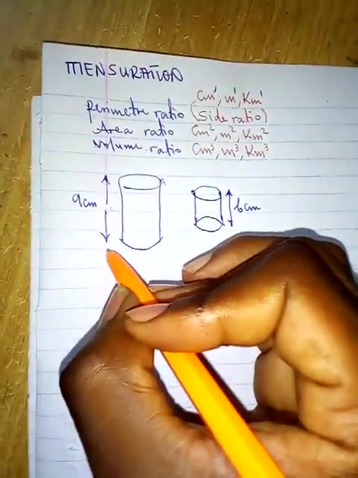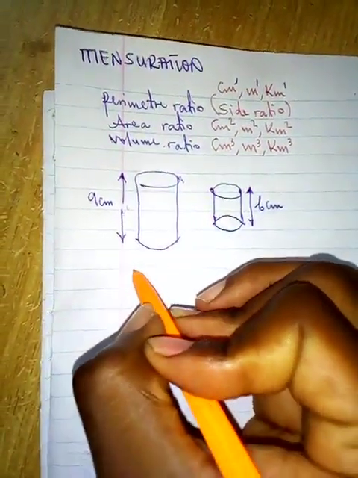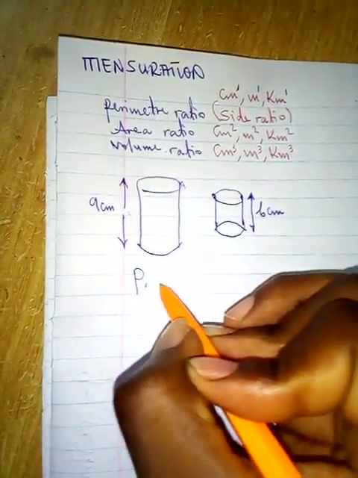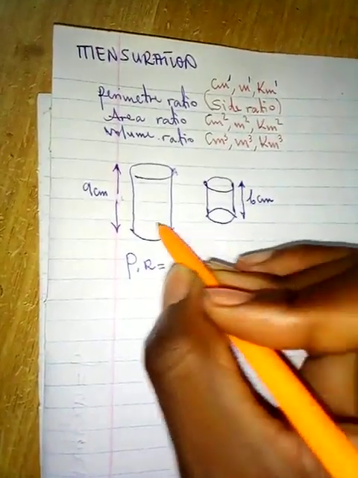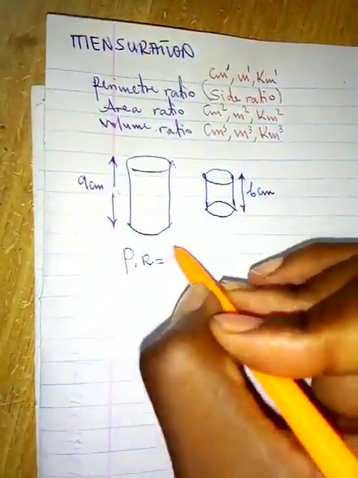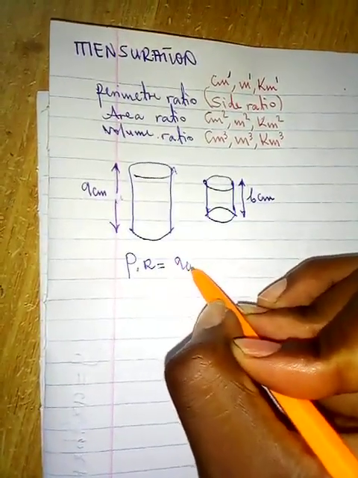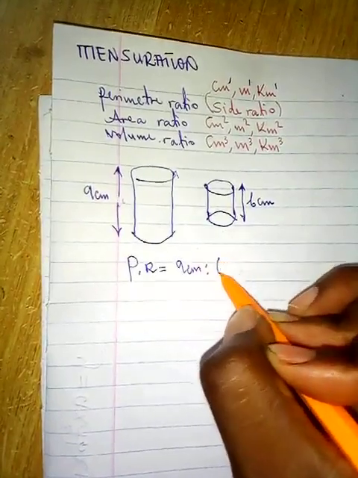When you're determining the perimeter ratio, which I'll just call PR, you can take either of these sides. This is 9 centimeters. It's a ratio, so 9 centimeters to 6 centimeters.